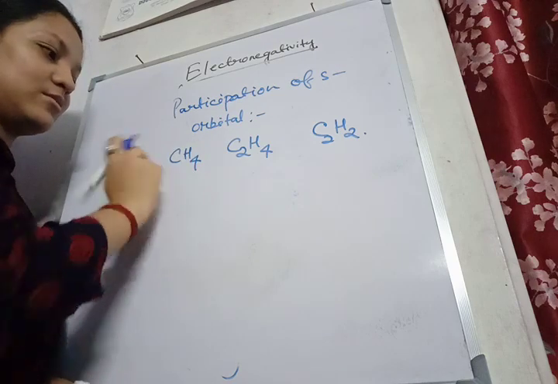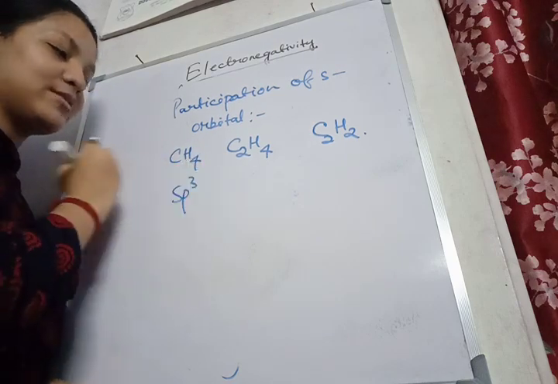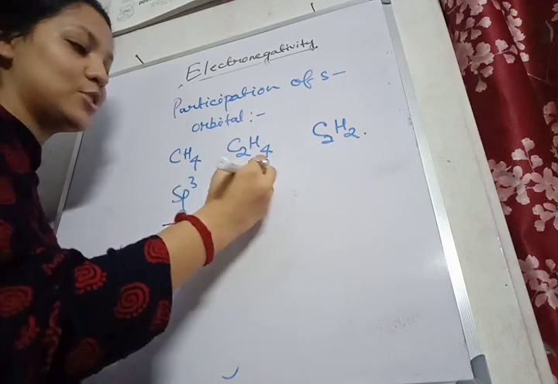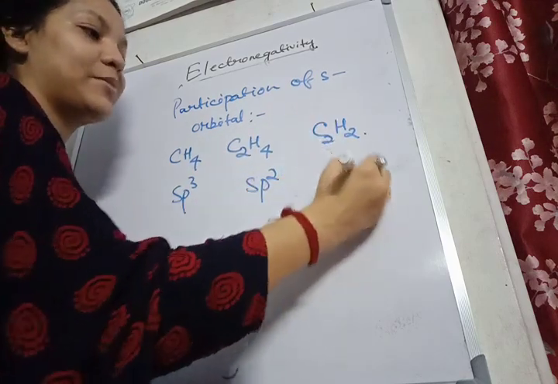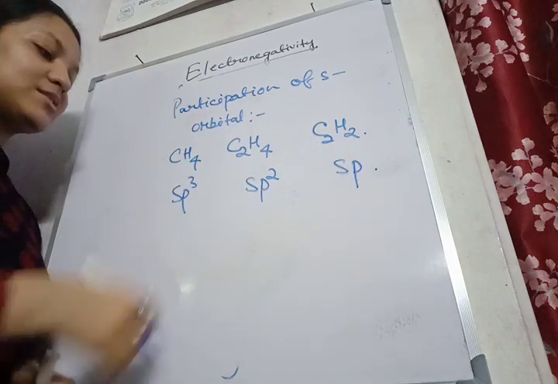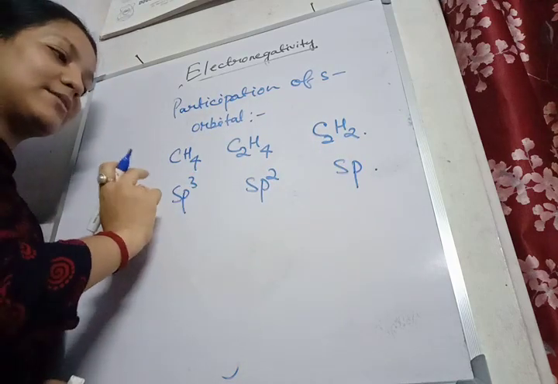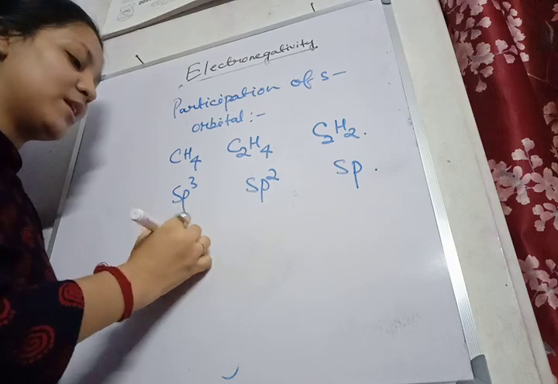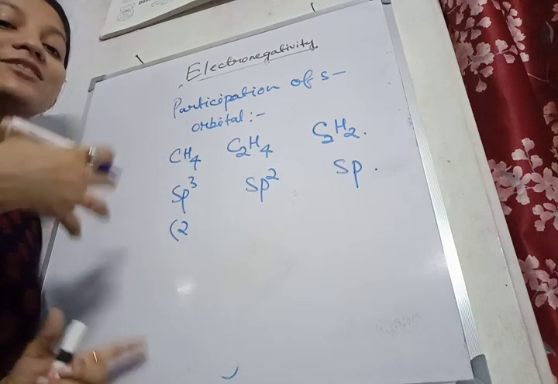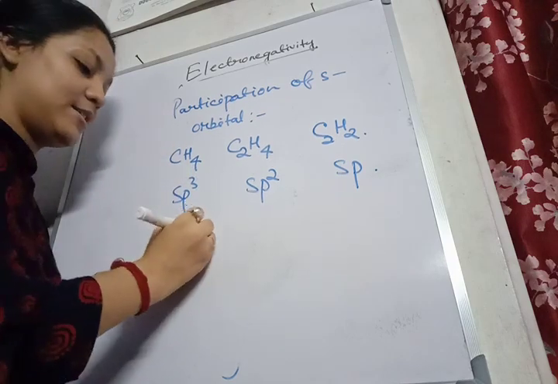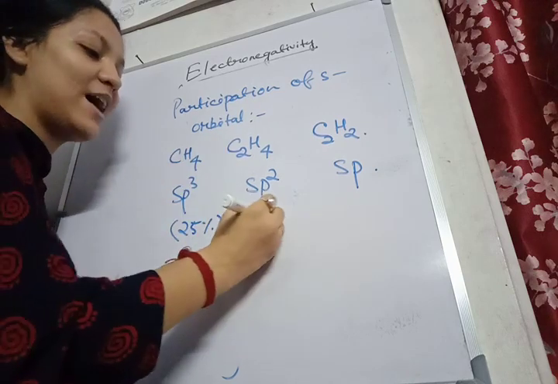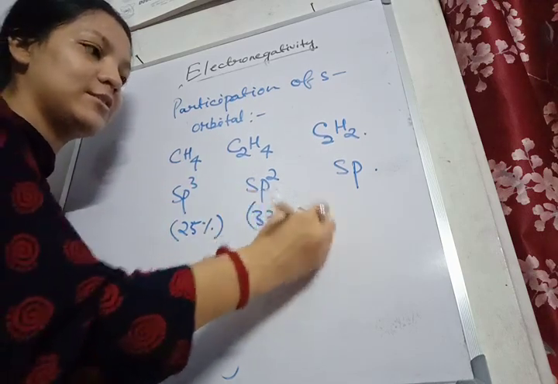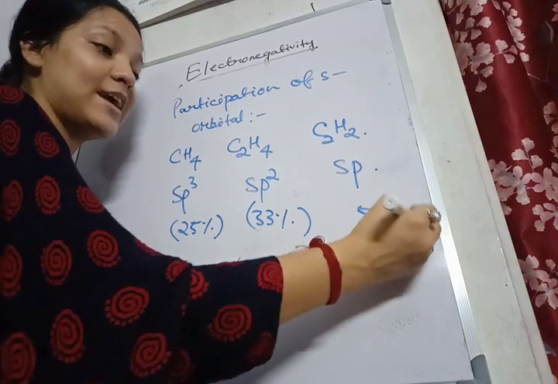Methane is sp3 hybridized, ethene C2H4 is sp2 hybridized, C2H2 is sp hybridized. S character means your s orbital contribution. sp3 has 25% s character, sp2 has 33%, sp has 50%.